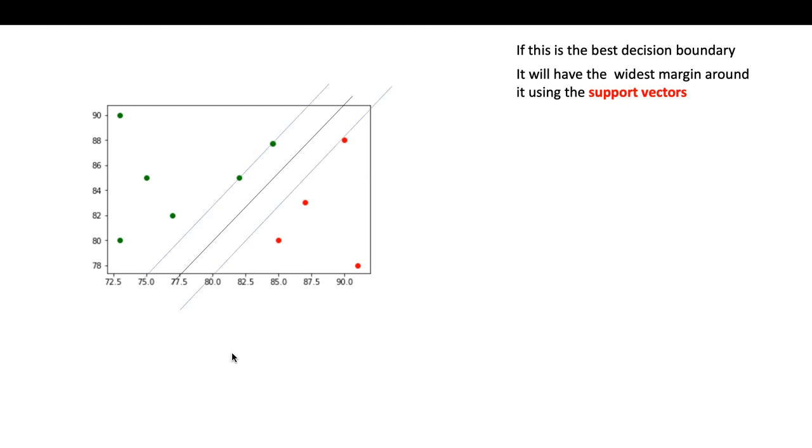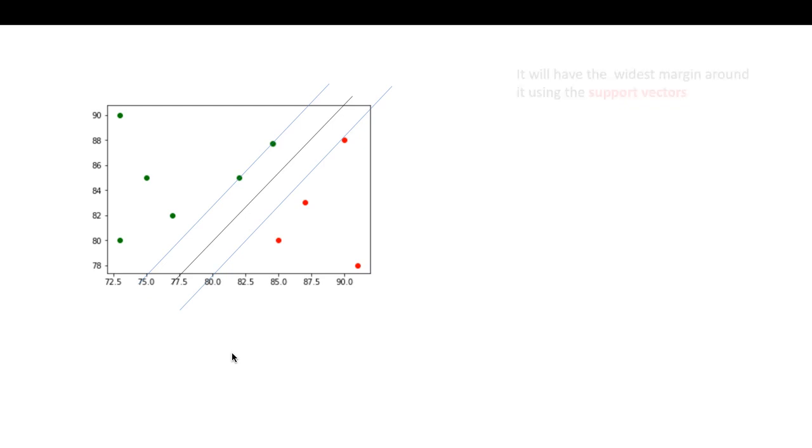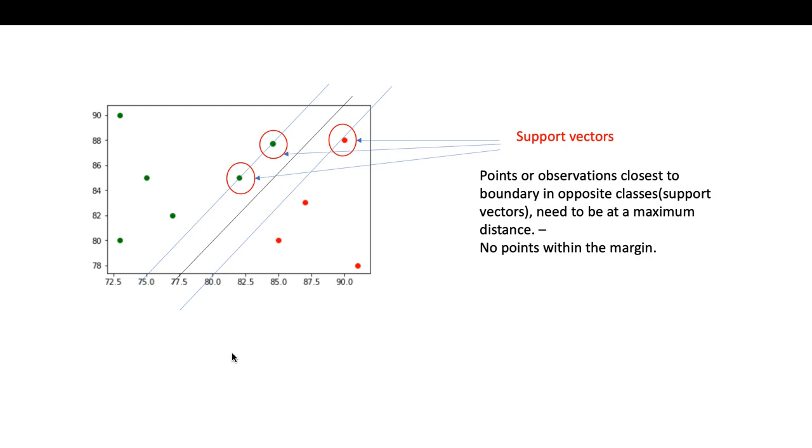And what are the support vectors again? The points that are closest to the margin but belong to opposite classes. Here, these are the support vectors. If we had this line as the best decision boundary, these would be the support vectors. So let's see how we can find these support vectors mathematically.